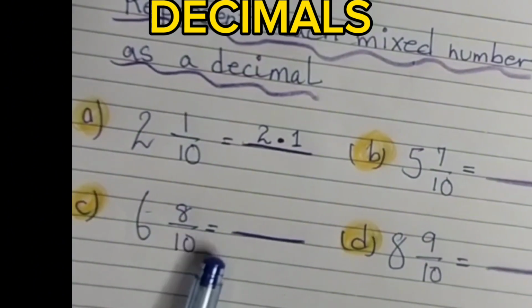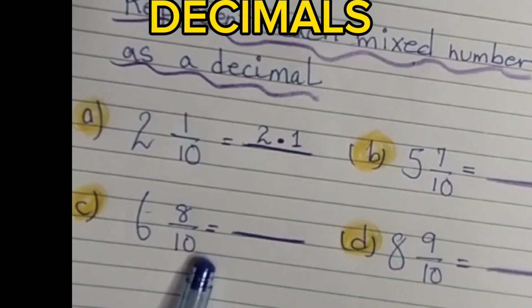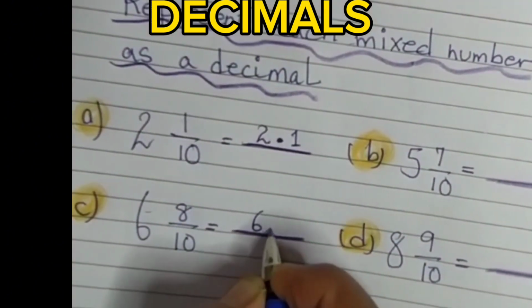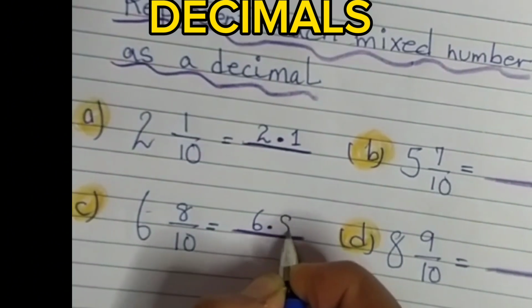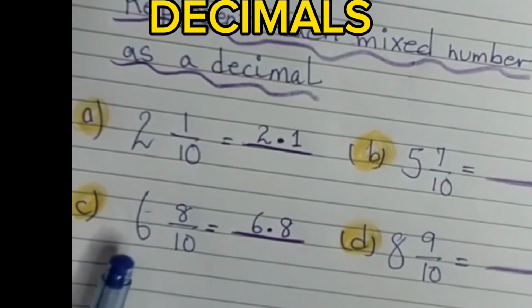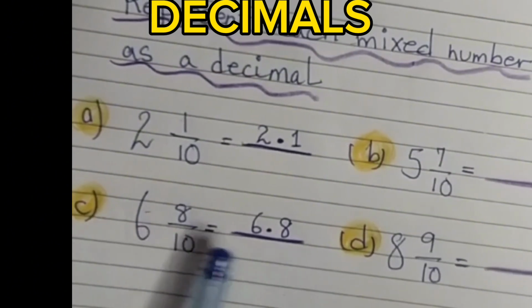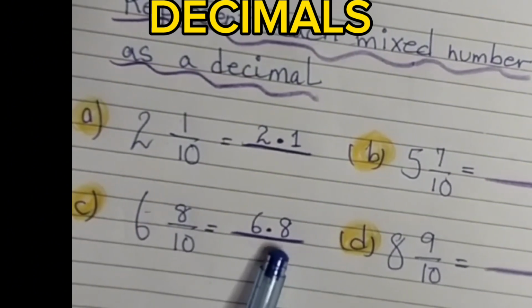Let's move on to the second part. This is C1 I'm doing. How do you write this one? 6.8. The whole number is 6. It will be before the decimal point, and your tenth will come this side.